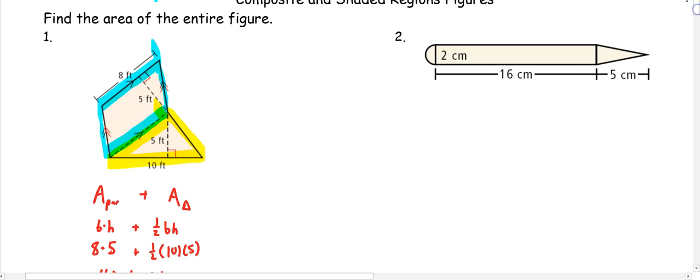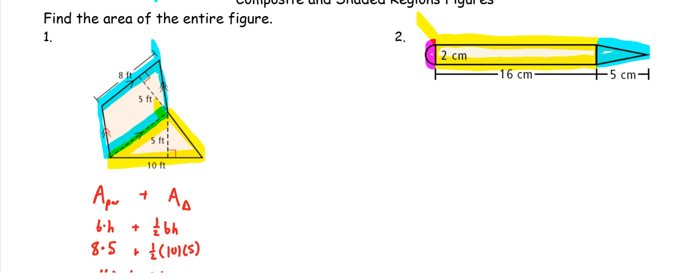In number 2, we have 3 shapes. We have the little semicircle, we have the rectangle, and then we have our triangle. So we're going to find the area of all 3 of those and add them together.